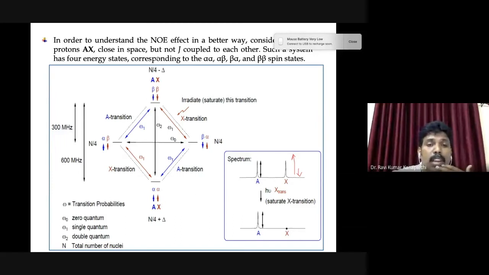There is a transition from alpha alpha to beta beta, which is one transition that we can expect. And alpha beta to beta alpha, and vice versa, beta alpha to alpha beta, is another type of transition. Similarly, we can also expect alpha alpha to alpha beta, alpha alpha to beta alpha, and so on.